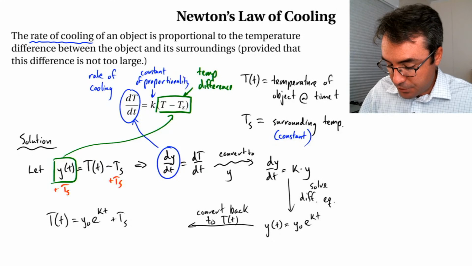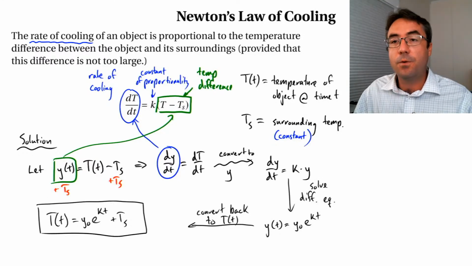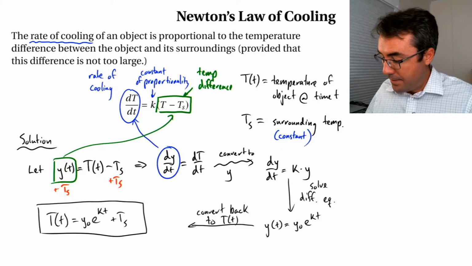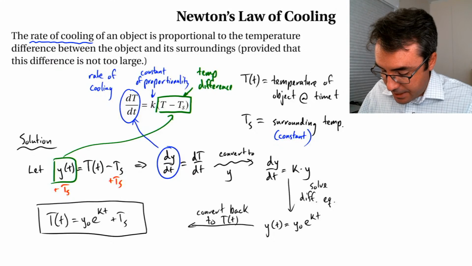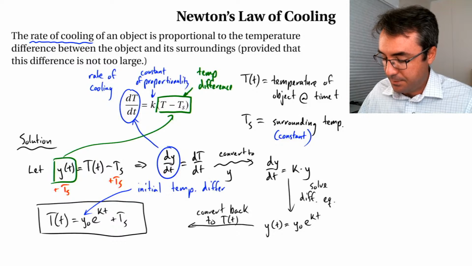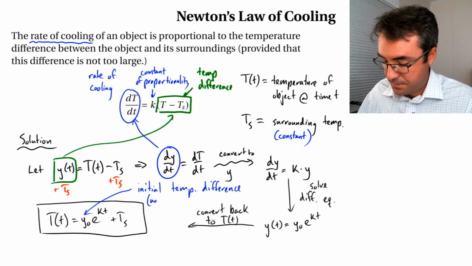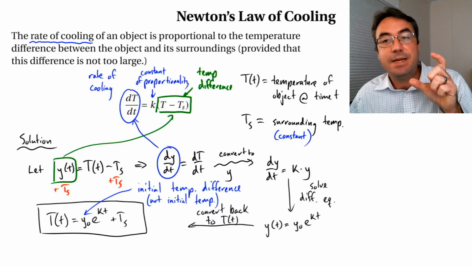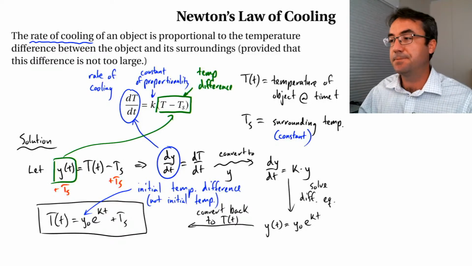So this is our temperature formula for an object that's undergoing cooling. The only thing we want to mention here is that y of 0 is the initial temperature difference. It's not the initial temperature. It's the starting difference in the temperature, not the starting temperature of our object.